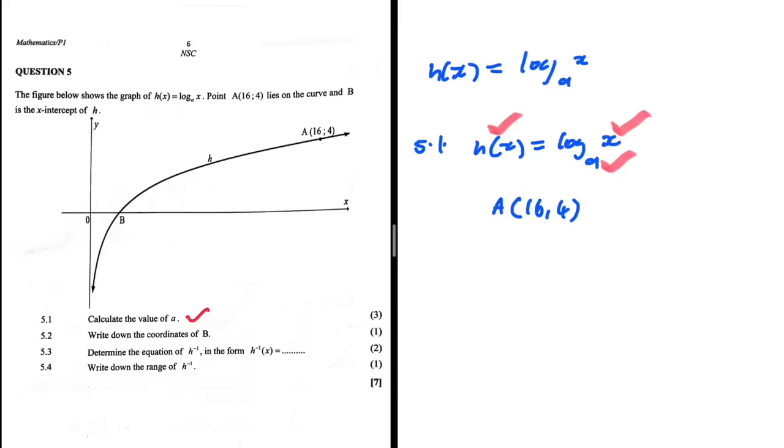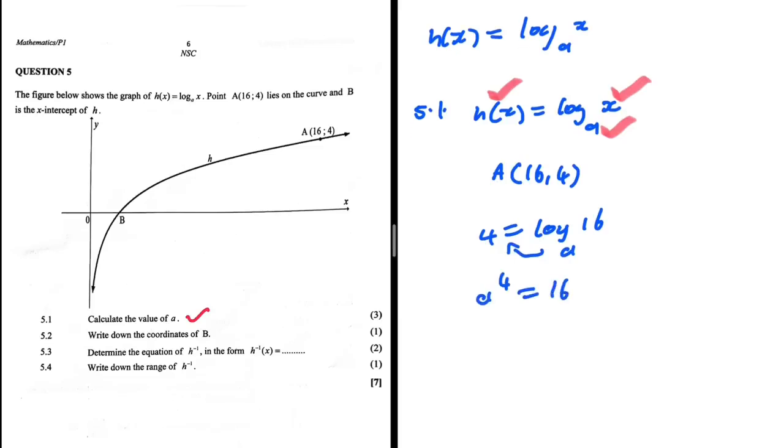Okay, let's do that. y is 4, log of the base a, x is 16. So in applying log laws, we get a to the power 4 is equal to 16. It will be advantageous for us to write 16 with an exponent of 4, because in doing that we can drop the exponents and equate the bases.